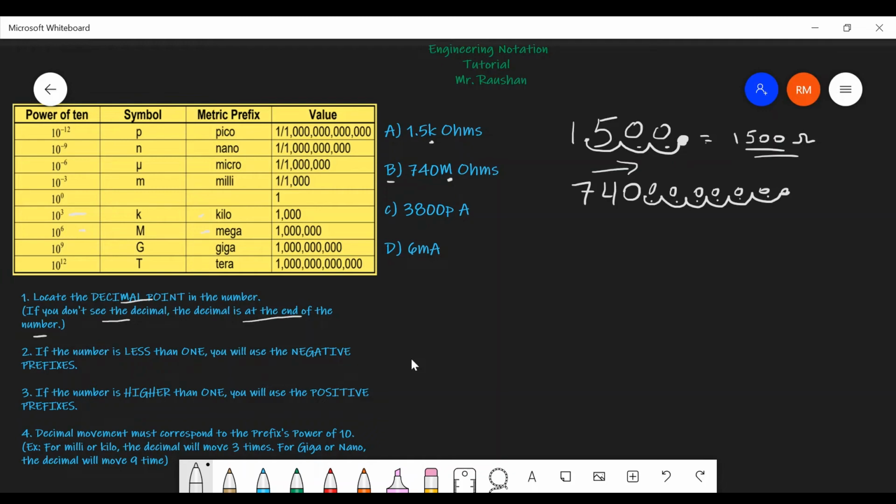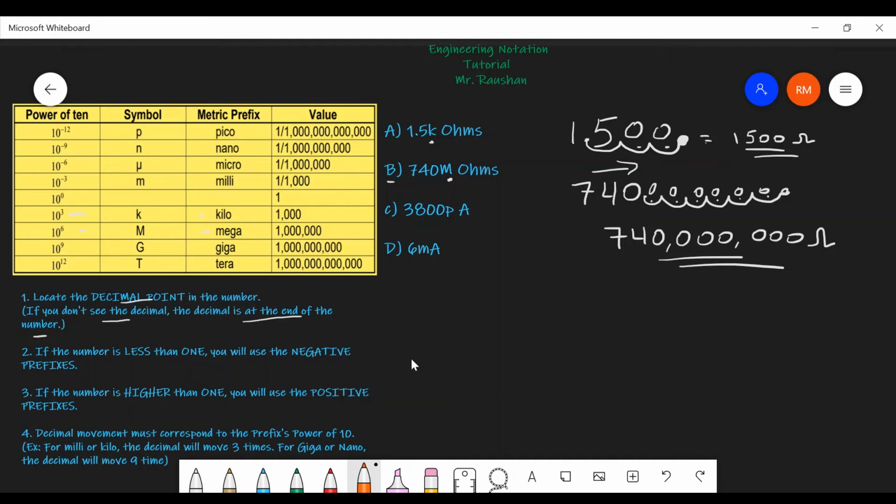So, what does this look like? Well, this is what it looks like. 740 mega ohms is equal to 740 million ohms. This is my answer for B.